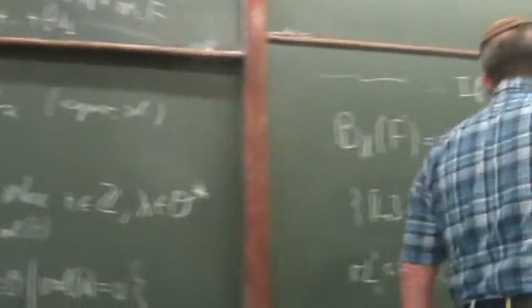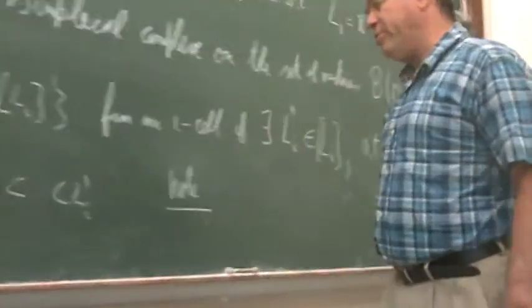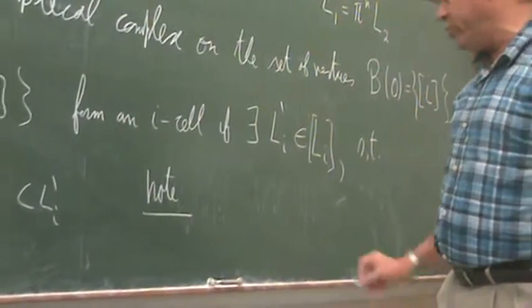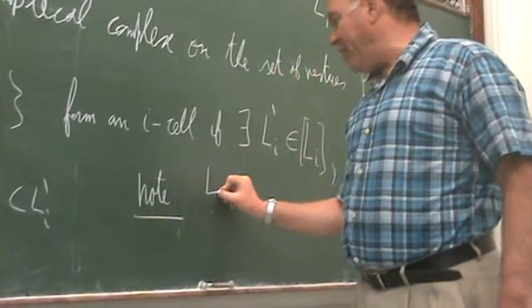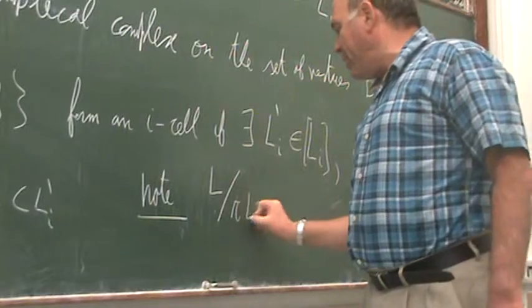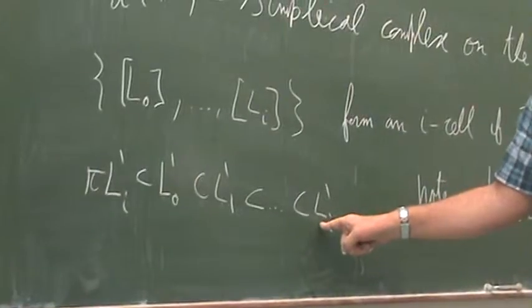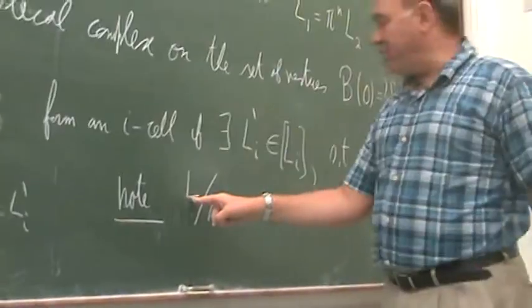Now note, and that will come many times, so I want you to pay attention to that: for every lattice L, it doesn't matter which lattice, L over pi L, and L can be this Li, this is always a finite index.